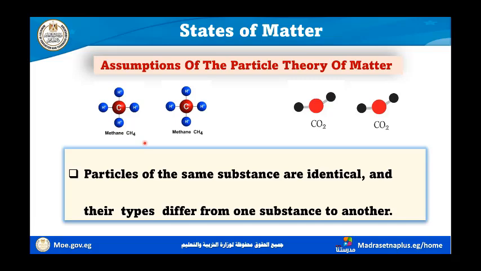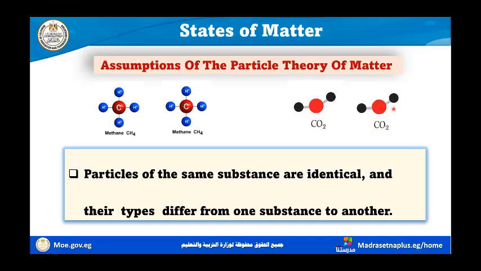Each methane particle consists of the same number and the same types of atoms. So when you examine any molecule of methane, it will consist of 5 atoms: 1 carbon and 4 hydrogens. And the same here in carbon dioxide. Each carbon dioxide molecule consists of one carbon atom linked to 2 oxygen atoms.